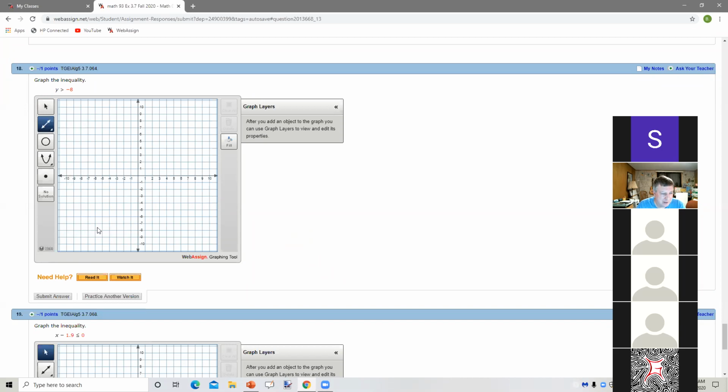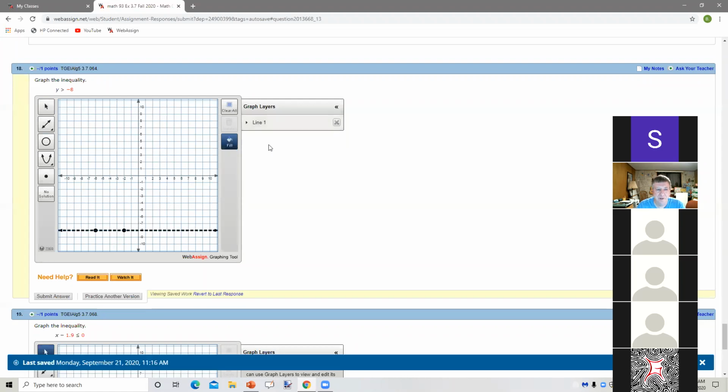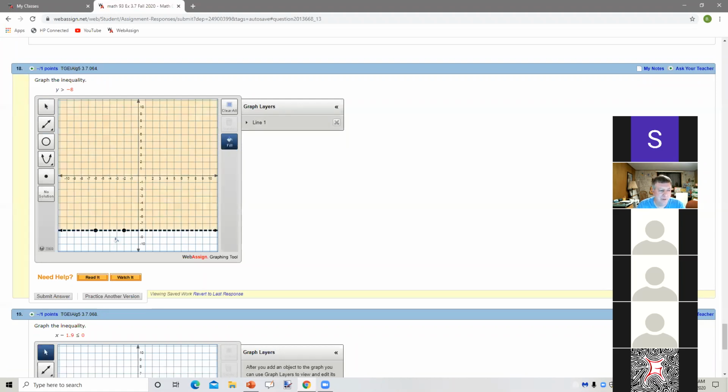So I'll just put a point here and then here, except that I want this to be dotted or dashed, same thing. So y is greater. Is it below or above? Above. Fill. Submit answer.